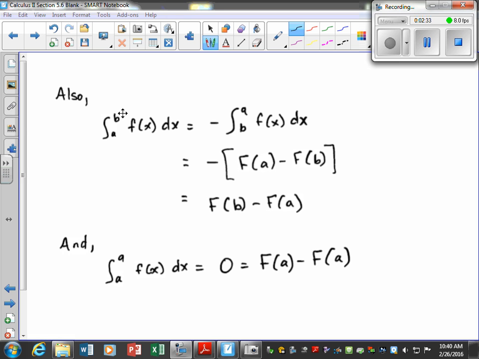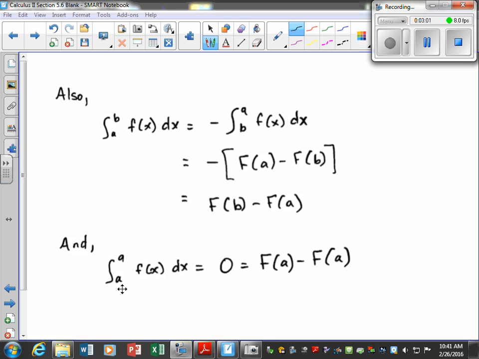By definition, this value would be F of a minus F of b, because it's the upper limit minus the lower limit evaluated there. Then you distribute the negative out and reverse the order, so it's just capital F of b minus capital F of a. That's just reiterating the property.